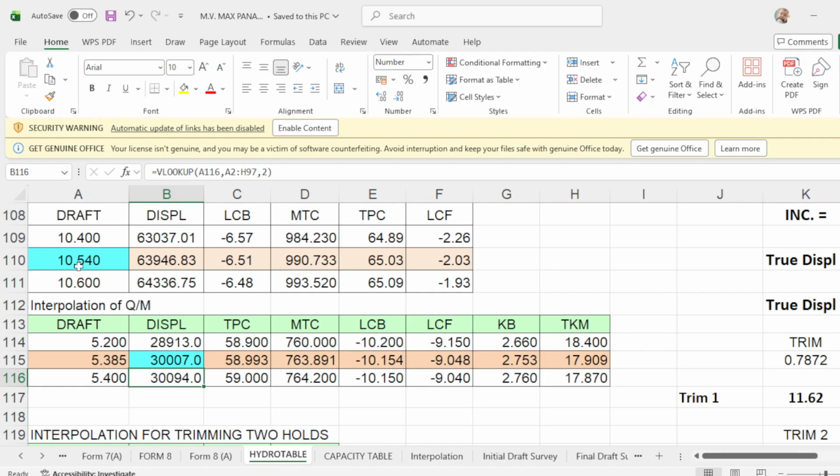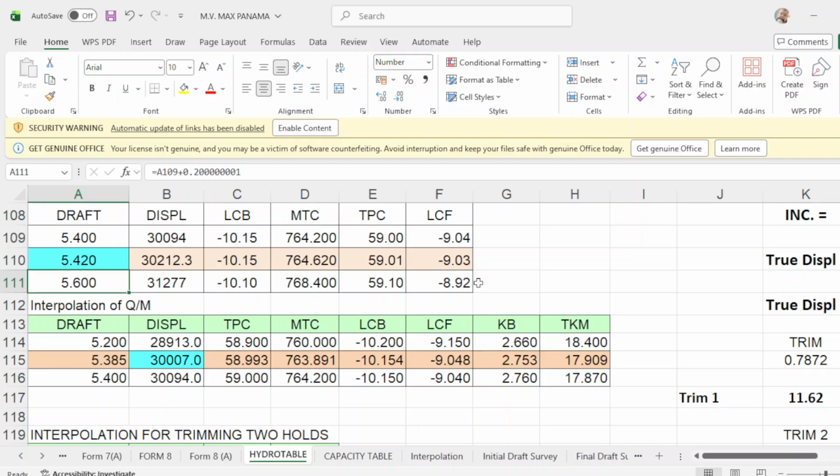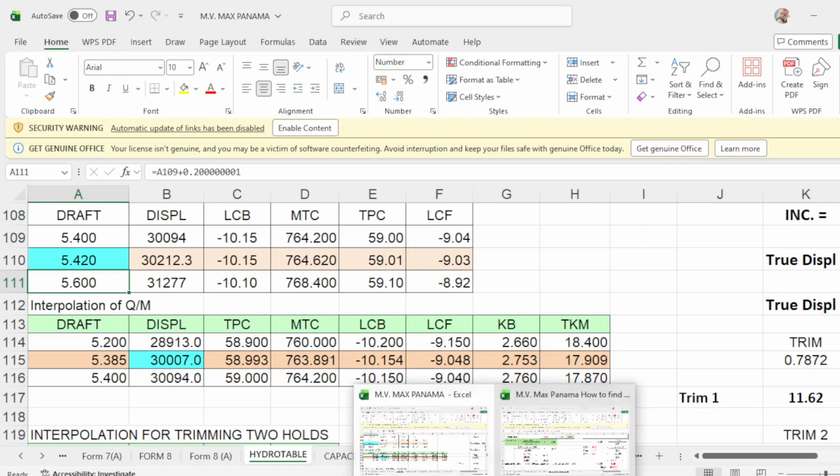Click here, 5.42, and the LCF is negative 9.03. Okay, negative 9.03.